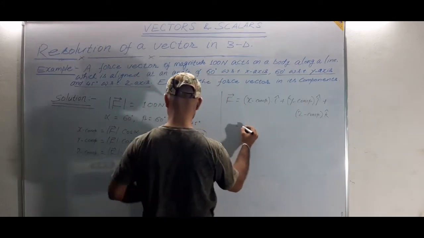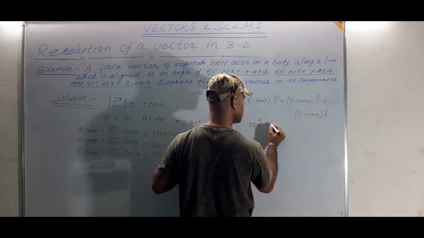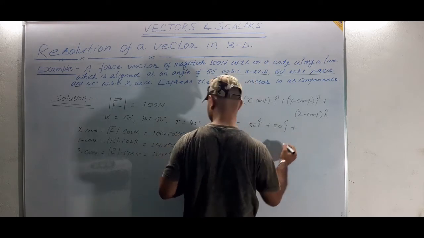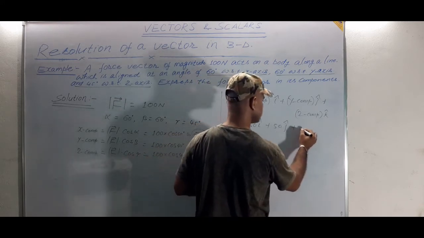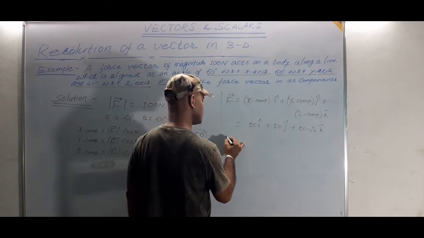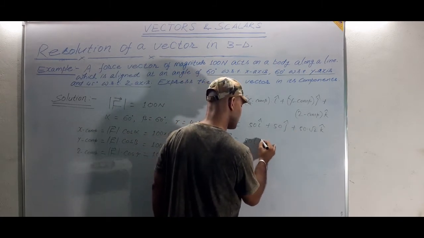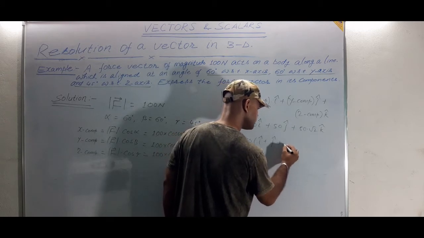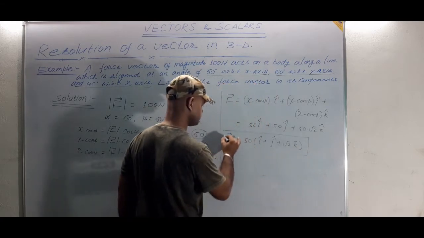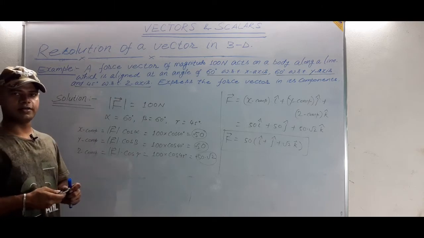So x component is 50, so this is 50i, plus y component is 50, so 50j, plus z component is 50 root 2, so 50 root 2 k cap, right? So we can write F vector as 50 as common, so 50 (i cap plus j cap plus root 2 k cap). This is the vector. Getting it? So this is how we resolve the vector.